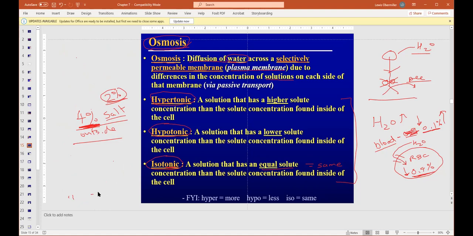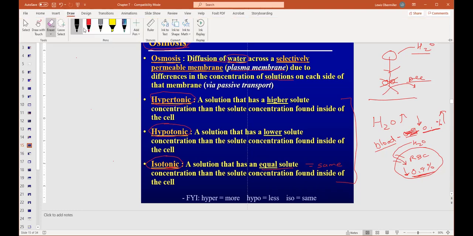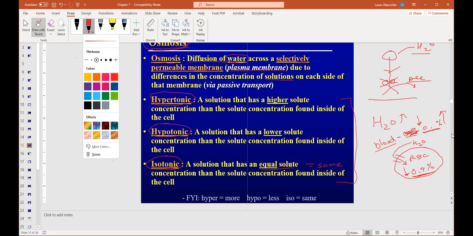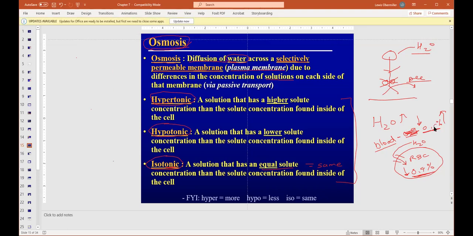No. Yeah, because if they gave you an IV of pure water, your red blood cells would swell and burst because pure water would be 0% salt. Water would rush into your red blood cells and cause them to swell and burst.